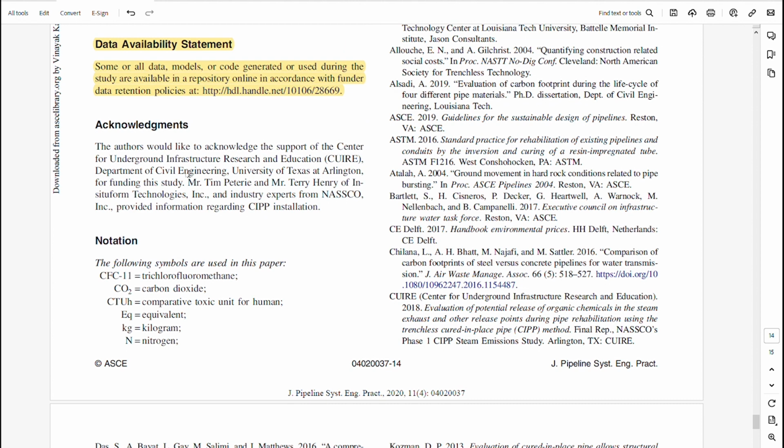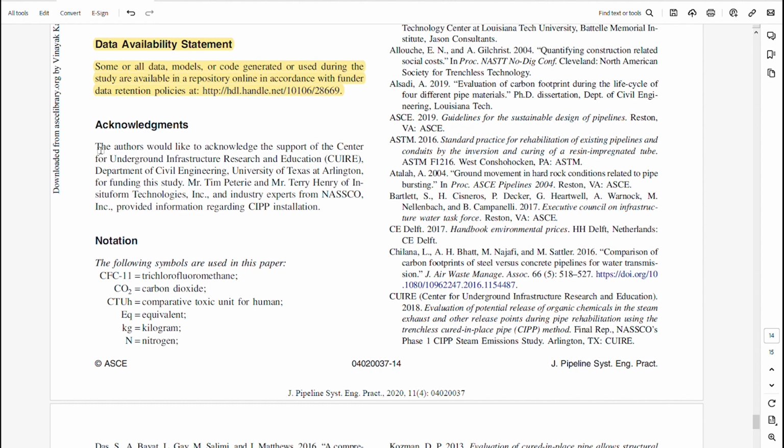And acknowledgements is basically a section wherein the authors acknowledge the support. It could be laboratory support or financial support or some sort of support, maybe data availability and so forth, or some industry support. So it is very important to acknowledge people and their contribution.